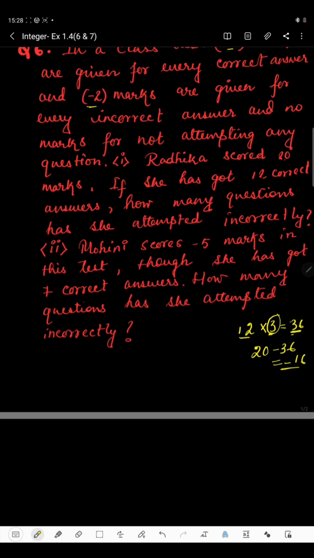Now if it is opposite, suppose 36 is given, and here 3 is given, the marks obtained for giving one correct answer. So for one correct answer she will be getting 3. So how to get the number of questions? It will be divided by this to get 12. 36 divided by 3 is 12.